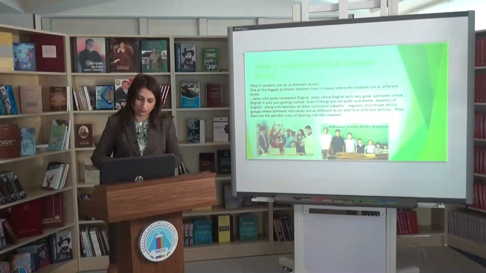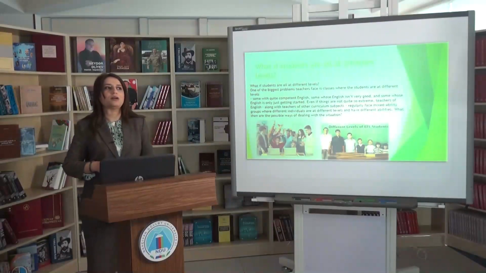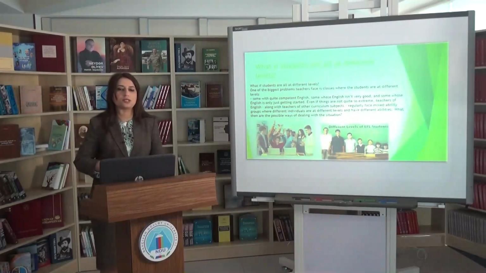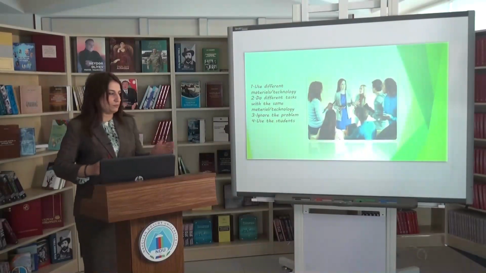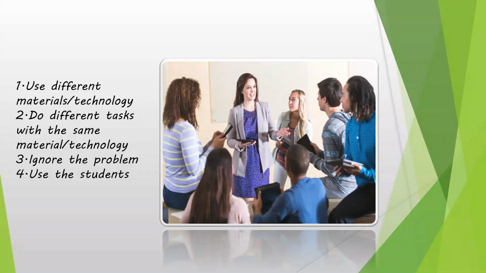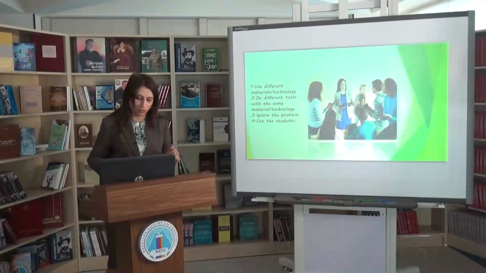And what should we do? What then are the possible ways of dealing with this kind of problem? Here we can see that, for example, we can use different materials and different technology.